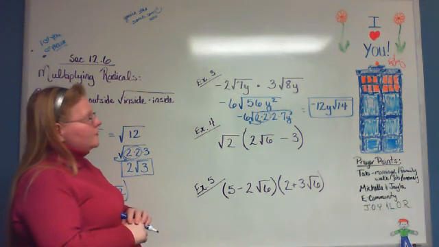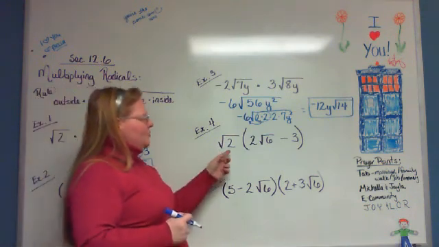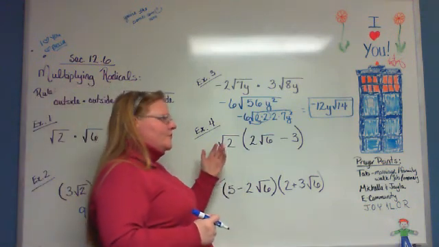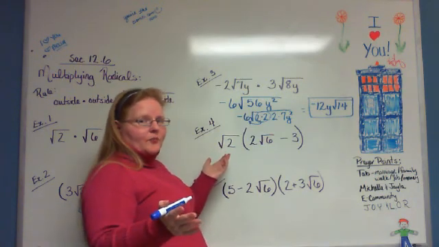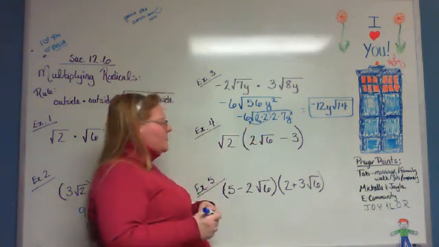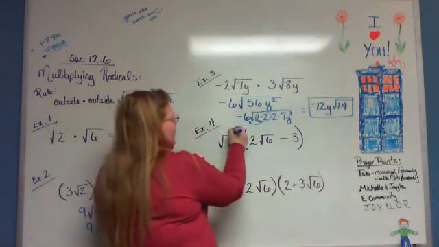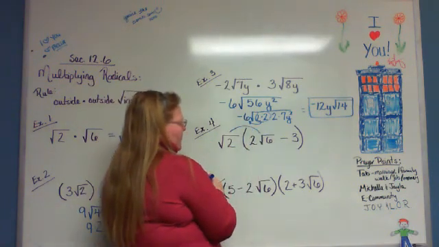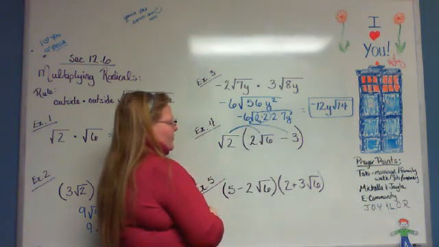We're still alive. This is when it starts to get, what? So when I'm doing this one, if these were letters, you know you'd have to do the distributive property, right? You'd have to say x times x gives you x squared, etc. Well, we have to do the distributive property here too. So I'm going to have to take this one and multiply it by the first number, and then take this one and multiply it by the last number.